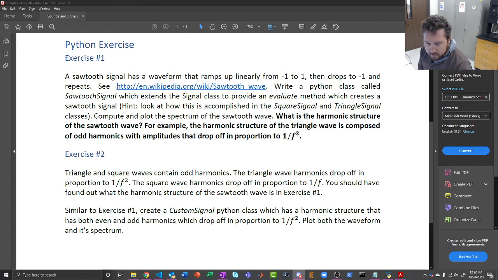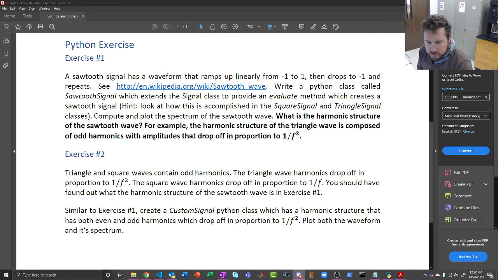Bashir asks, for the fundamental frequency, what would that be? I'm not sure I understand your question, Bashir. What would what be? How would we figure out the fundamental frequency of the signal?